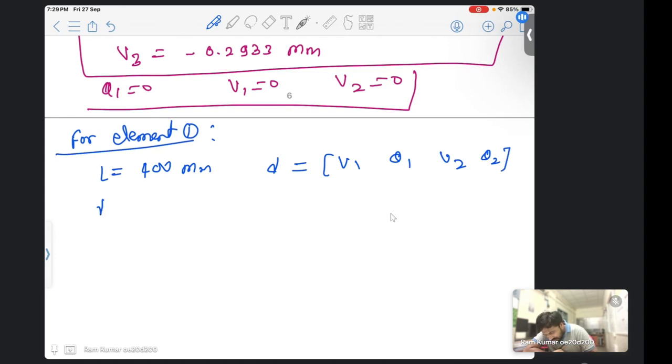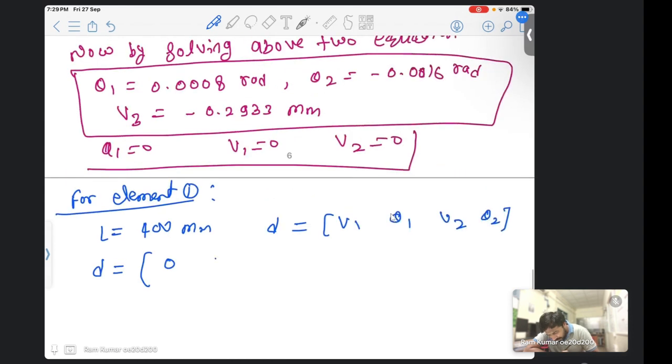So we put d equal to B1 is 0, theta 1 we got 0.0008 radian. No need to write the dimension here. Then B2 also 0, and theta 2 is minus 0.0016.